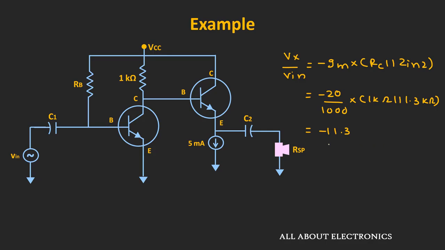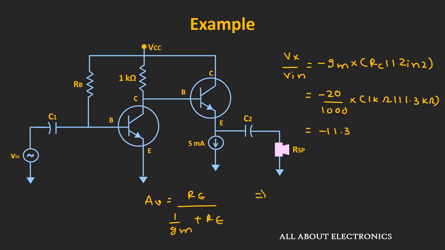So as you can see, because of this emitter follower, there is a significant improvement in the gain of the common emitter stage. But here, to find the overall voltage gain, we also need to find the gain which is provided by the emitter follower. So we know that the gain of the emitter follower is of the form Re divided by (1 divided by gm plus Re).